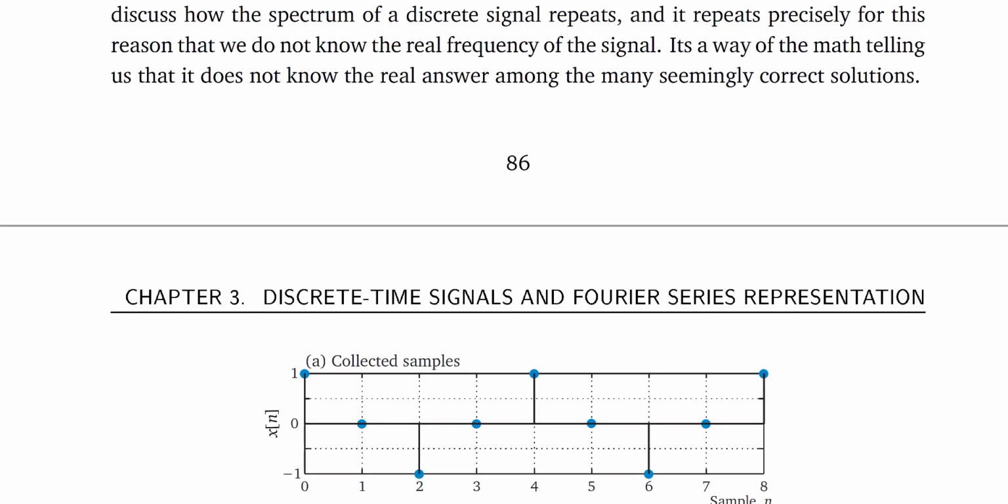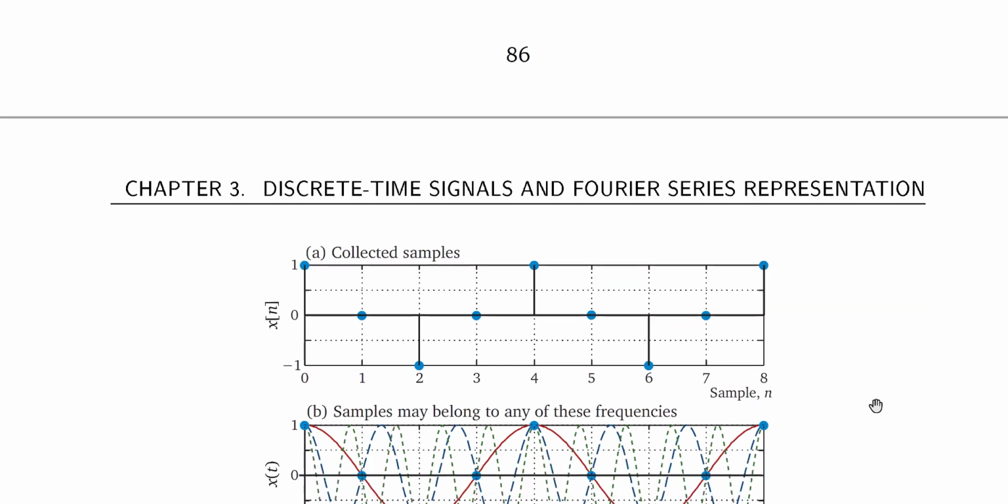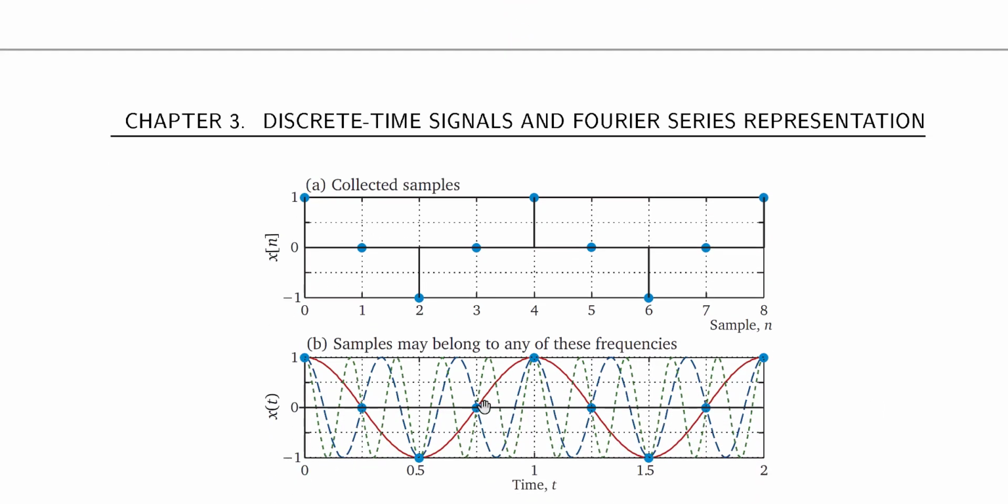sample. So here, for example, are some samples that were collected, and now let's say that we're trying to compute a spectrum and maybe understand what kind of underlying signal these samples were collected from. Well, here are some choices. It looks like there's this frequency, there's that, there are so many signals these simple samples could have belonged to.